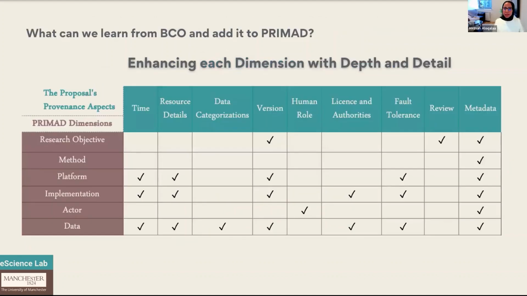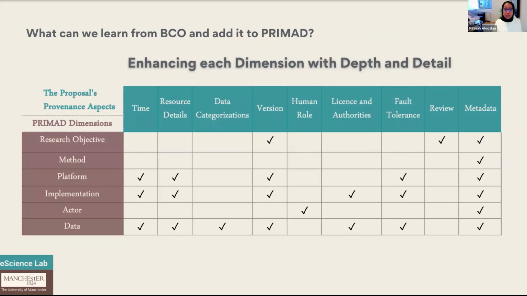For the PRIMAD, we found that the model is a good one, well structured for describing the computational experiment, but at the same time, it needs some depth within its dimensions, and that's what we found based on our mapping and examining.